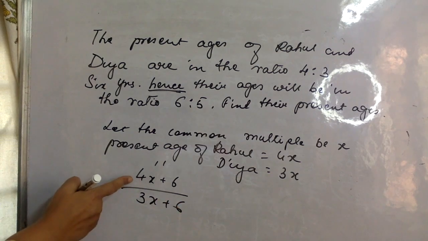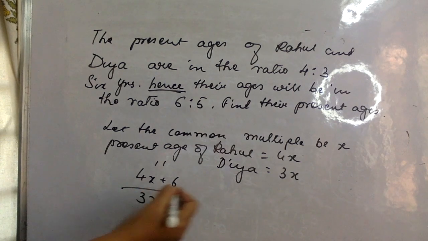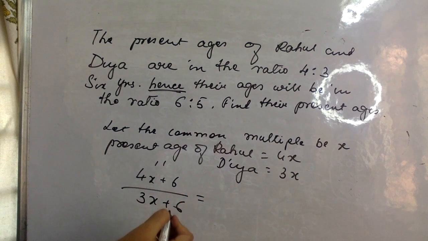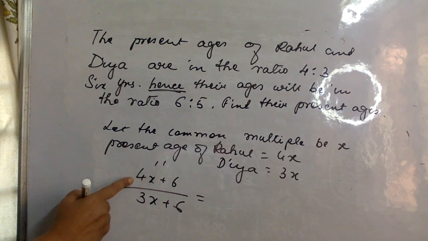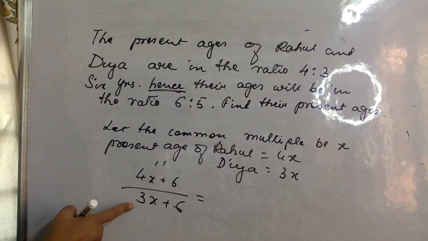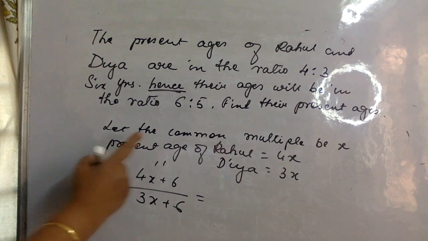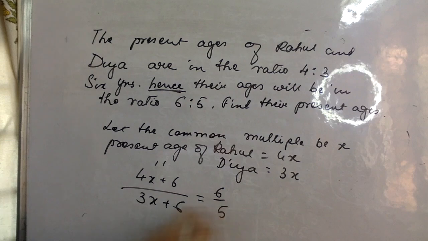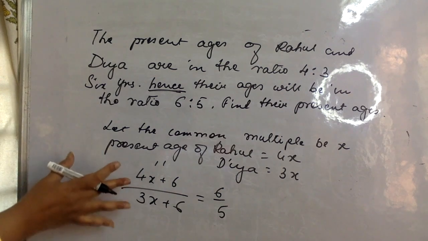So 4x plus 6 to 3x plus 6, and now the ratio becomes 6:5. This is my linear equation.